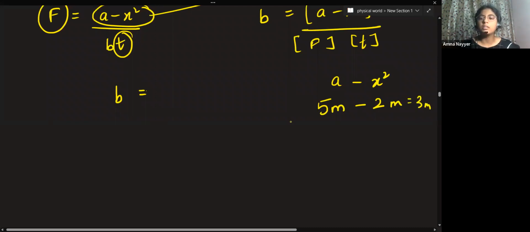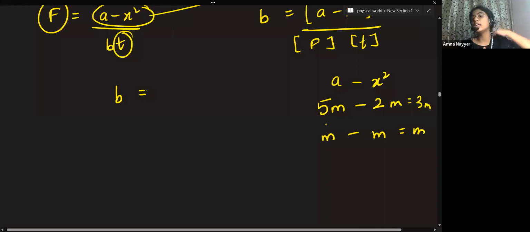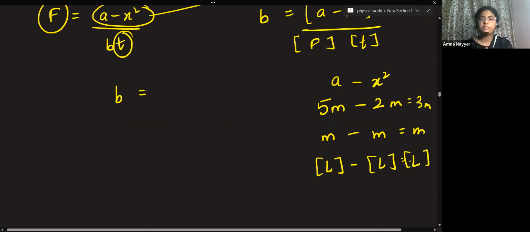It means when I am subtracting meter from meter, my answer is not 0. It is still meters. 5 meters minus 2 meters is giving me 3 meters. Means I am still getting meters. This means length minus length is still length only, no?